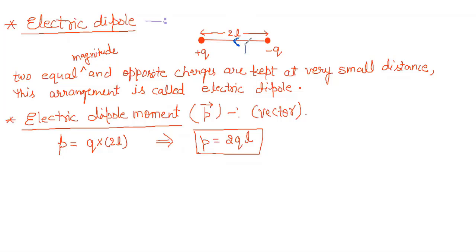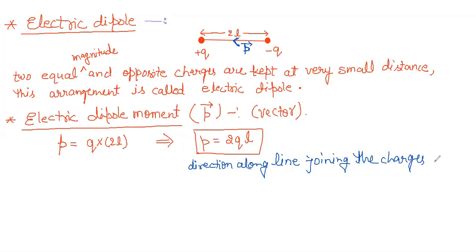This is the direction of the electric dipole moment: along the line joining the charges and pointing from negative to positive charge.